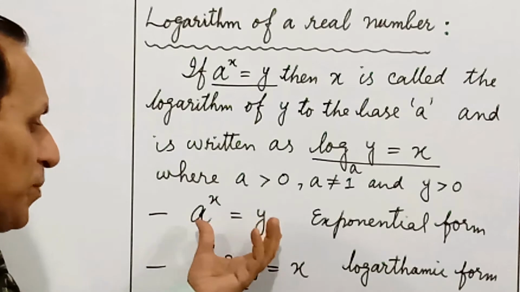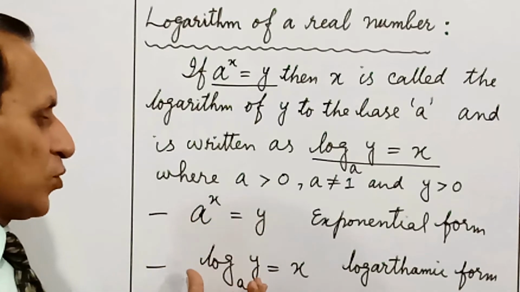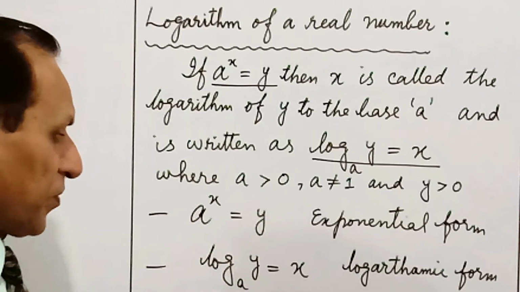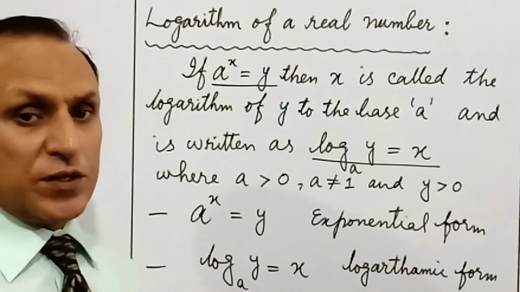So we have to keep these two forms in mind. One form can be converted to the other and vice versa. So first of all, we have to learn the concept of the conversion.